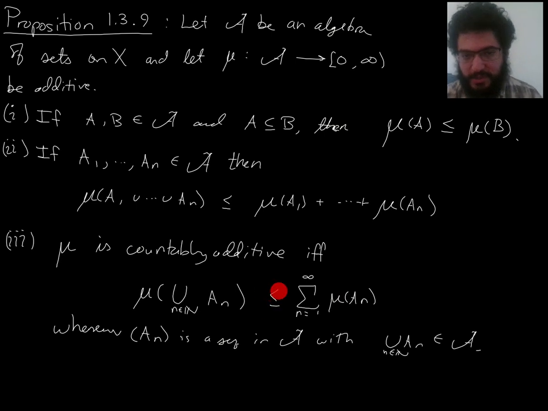So that's why you would expect an inequality like this. But it's pretty clear that this is implied by countable additivity, right? So this is a weaker looking condition that is still enough for countable additivity, which makes it very convenient. That's the convenience of this proposition.